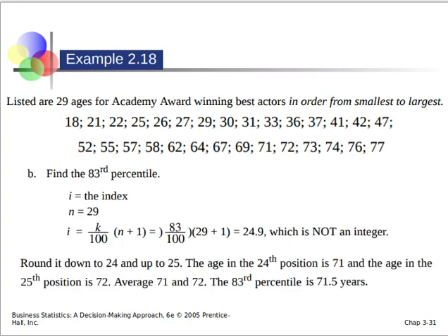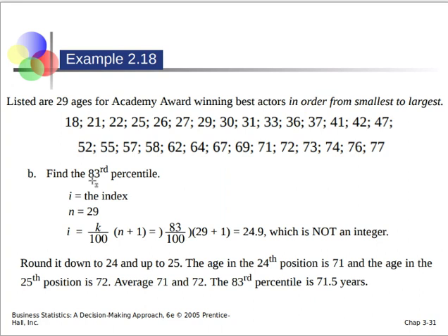Another question. Still the same data set, ordered data set of 29. Letter B. Find the 83rd percentile, where I is the index, N is still 29, where I can be found by K over 100 multiplied by N plus 1.